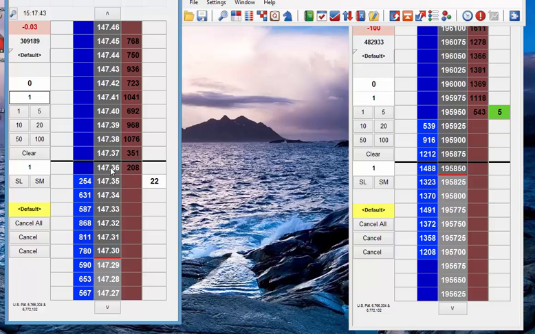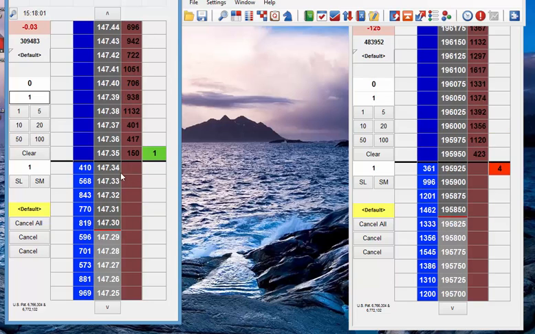And I believe the market is going to go up. For example, if I thought the market was going to go up, I can just click on this side and I can buy from one of these people that are willing to sell. Likewise, if I think the market's going to go down, you can just see the market moving down, 100 people traded. Okay, so 147.34, there's 400 contracts here that are willing to buy.